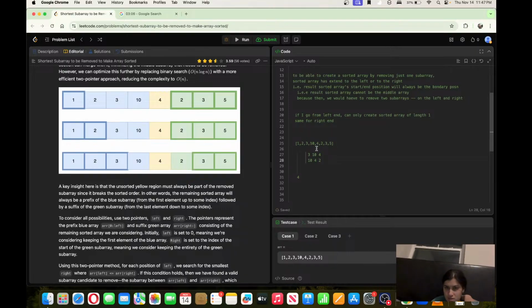So what they mean is, since these two are sorted and this one is the one that is breaking the order, right? So it means that I will always start from somewhere around this part, and J will always end somewhere around this part. So here in this case, I is for this first scenario, and J is this one. This is I and this is J.